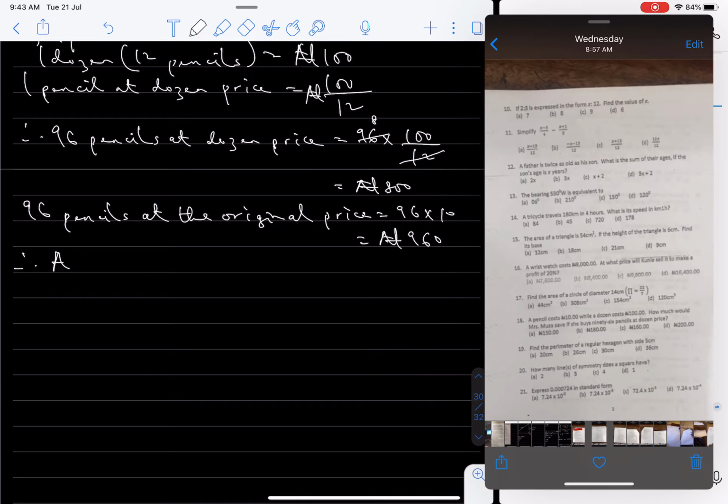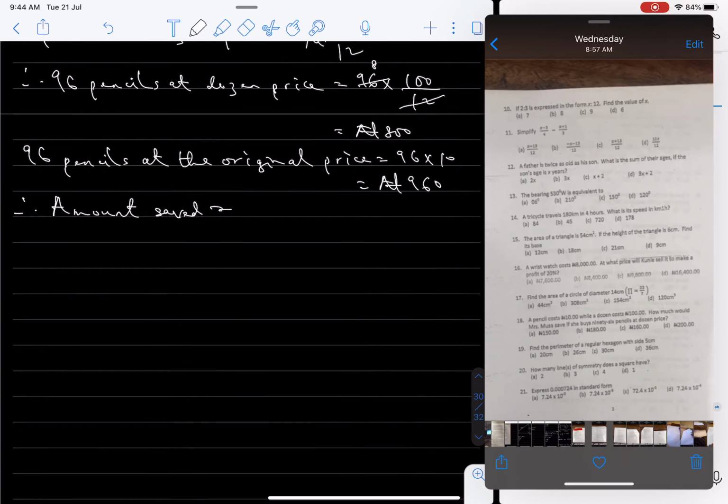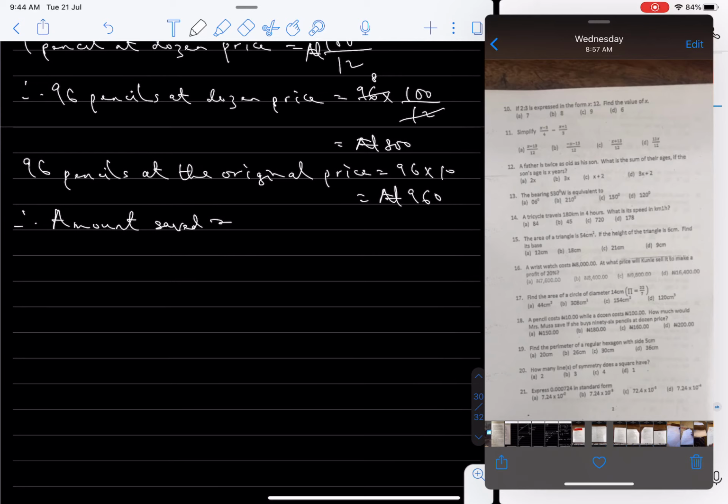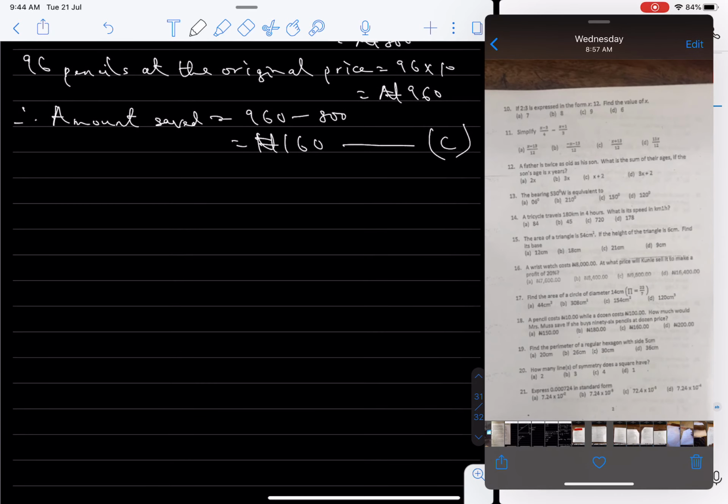Therefore, amount saved by Mrs. Musa is going to be the cost of 96 pencils at the original price minus the cost of the 96 pencils at dozen price, which is 960 minus 800, and that's 160 naira. What's the correct option? And the option is C.